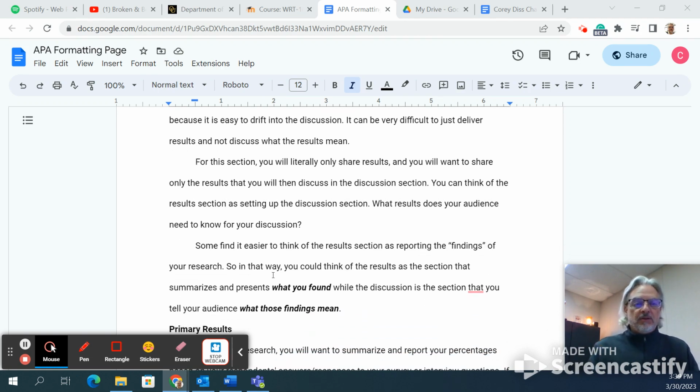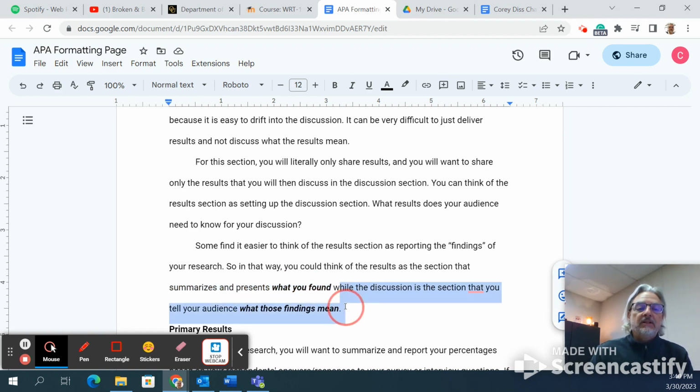One way to think about this: the results section summarizes and presents what you found, whereas you're going to wait to tell your audience in the discussion section what the findings then mean.